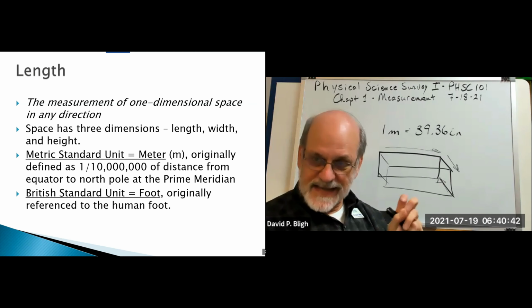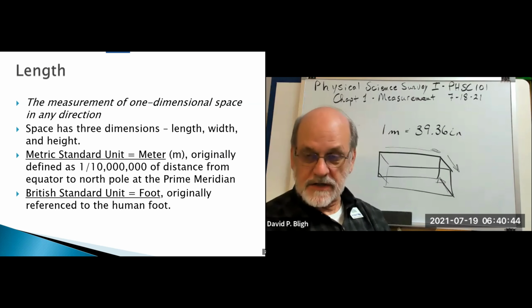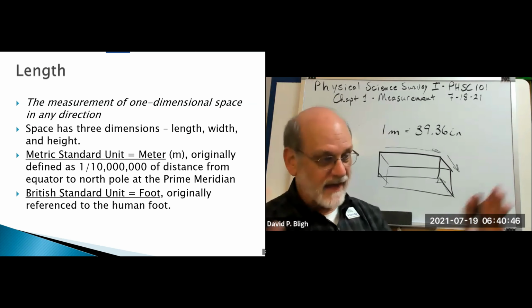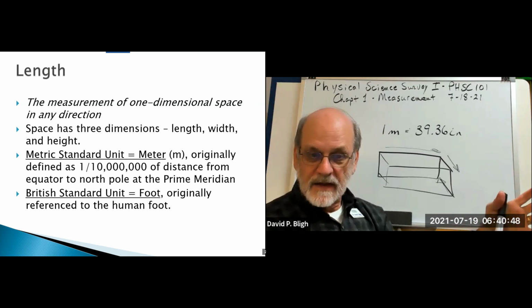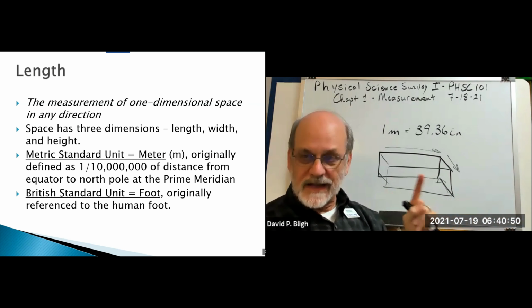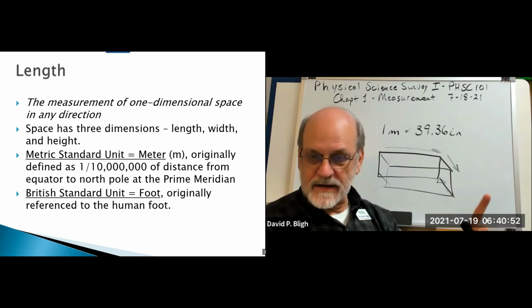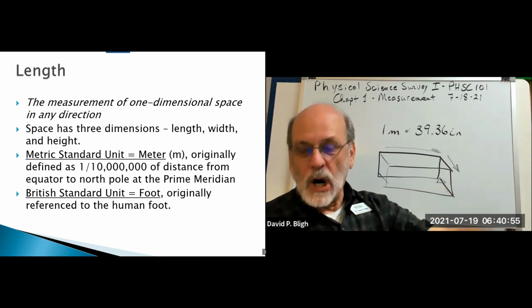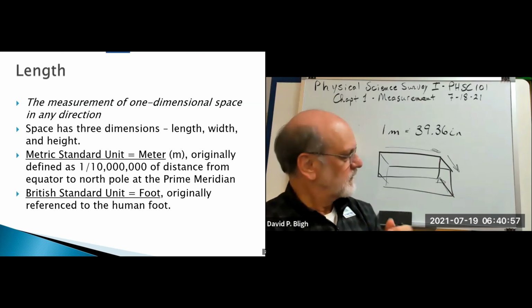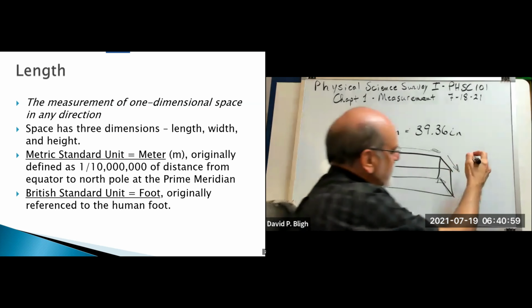So once the scientific community settled upon that standard length, what they did was they took that length and created a bar that has a cross section like this.